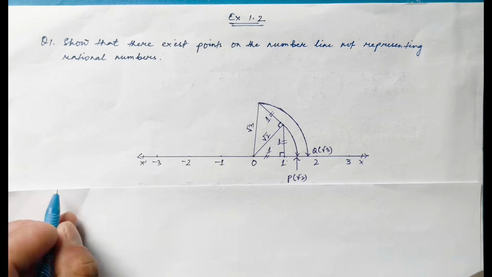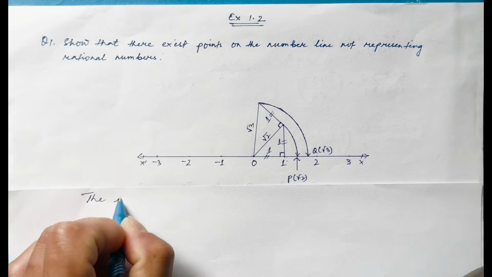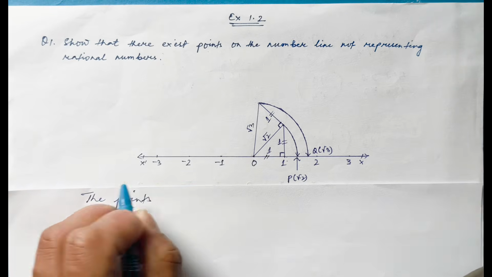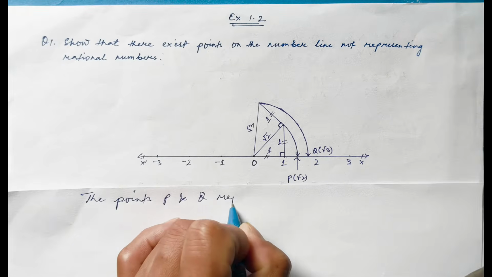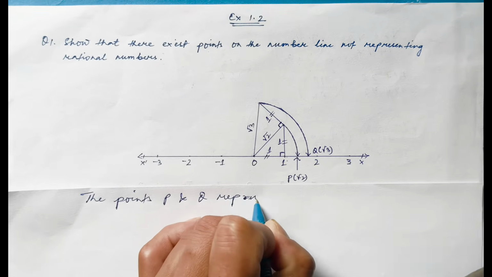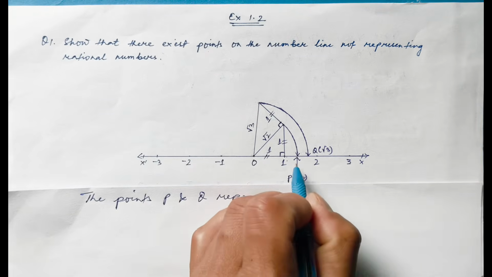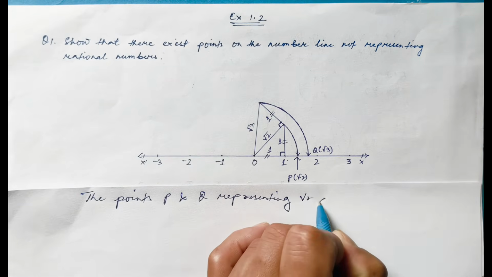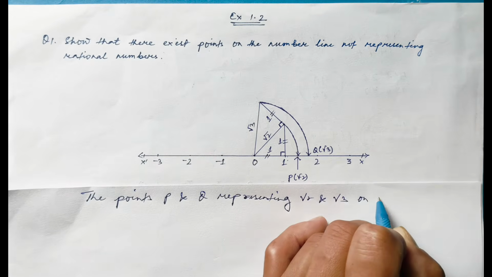Now, the points P and Q are representing what? P represents root 2 and Q represents root 3 on the number line.